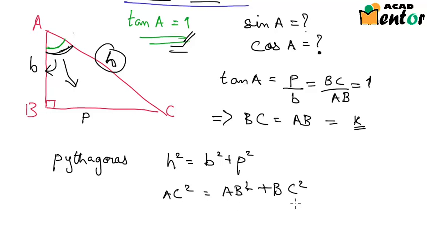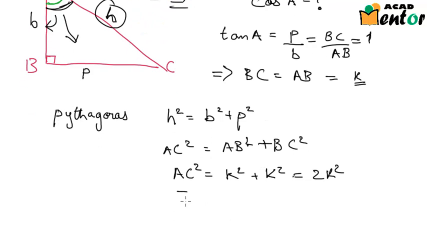We know the value of AB and BC. We've assumed it to be K. So AC square would come out to be K square plus K square, which is 2K square. And from this I can find out AC, or the hypotenuse, is equal to under root 2 times K.